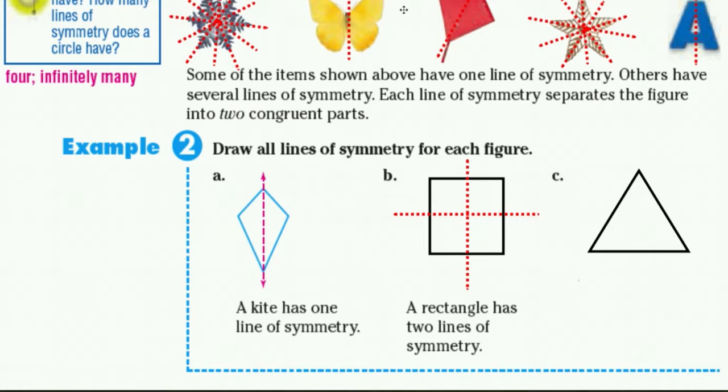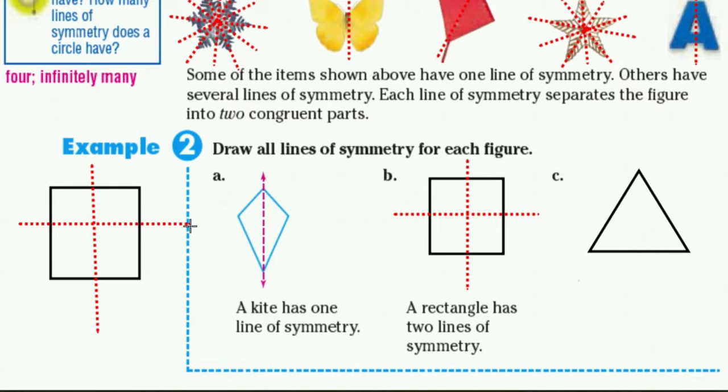But if this were a square, it would have 4 lines of symmetry, because let me draw you a square right here. If this were a square, and I'm going to draw lines of symmetry, this will be 1 line of symmetry. This will be another line of symmetry. Of course, I'm not drawing it to scale, and that will be another line, that will be another line. And that's the reason why there are 4 lines of symmetry in a square.